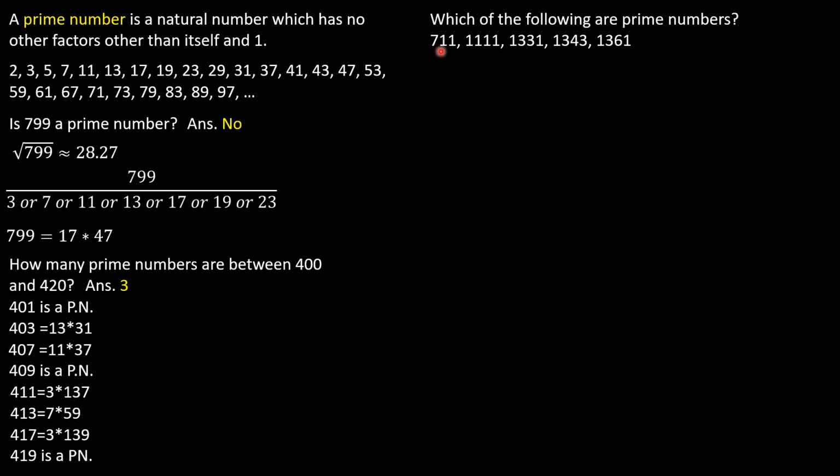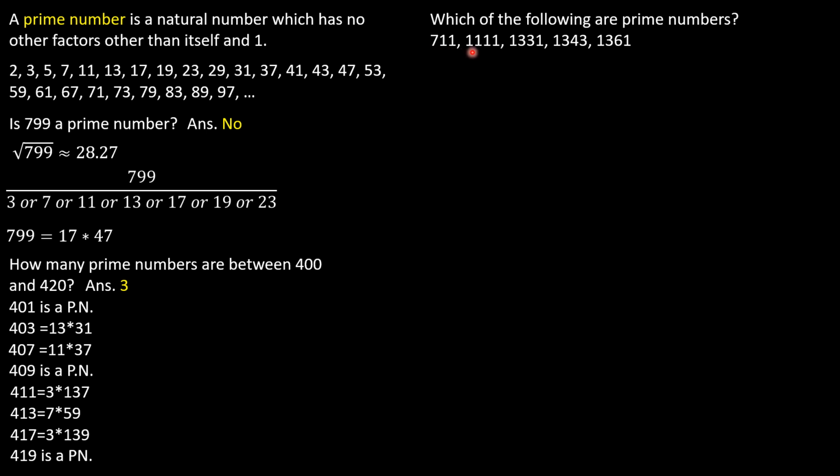You extract the square root of 711, then divide as mentioned by 3, by 7, 11, 13 until the closest but lower prime number, which is near the square root of 711.